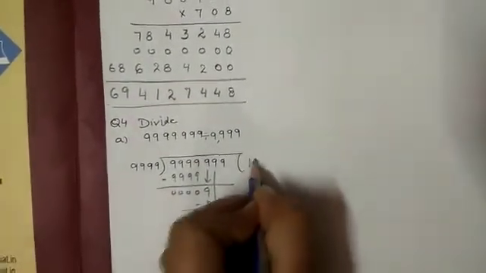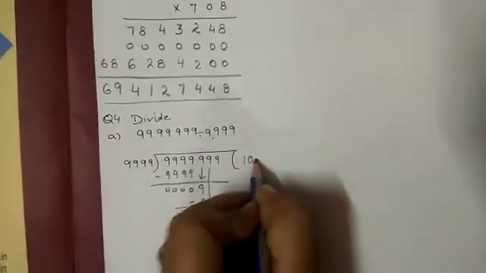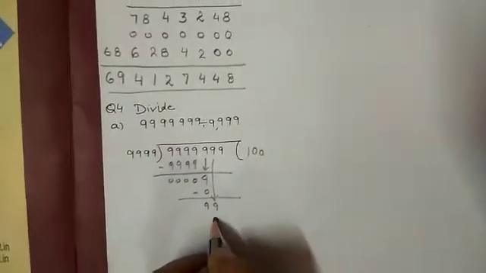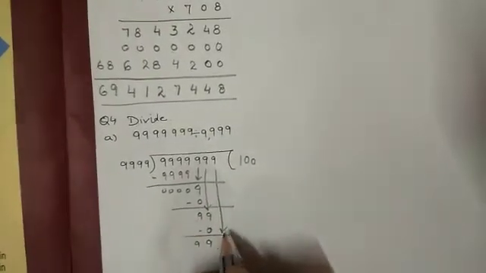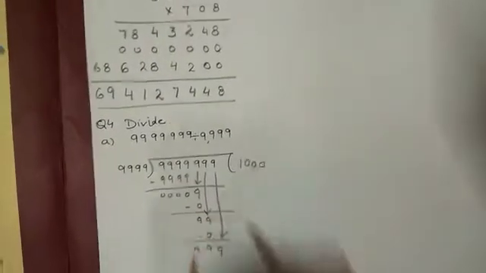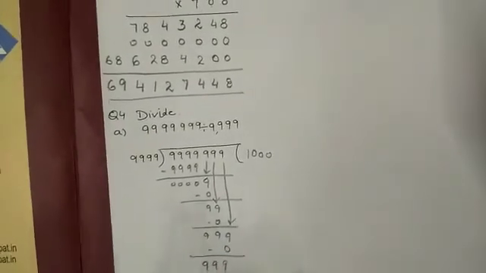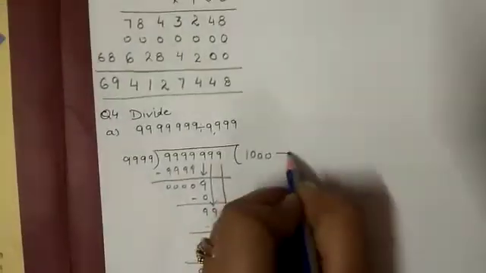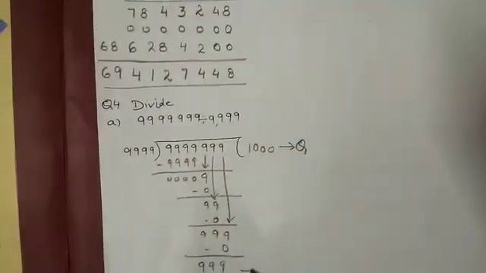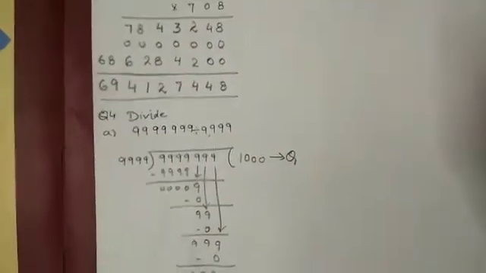Note down the next number. Again not divisible, so again 0. Note down one more digit. Again it is not divisible. So our quotient is 1000 and the remainder became this.